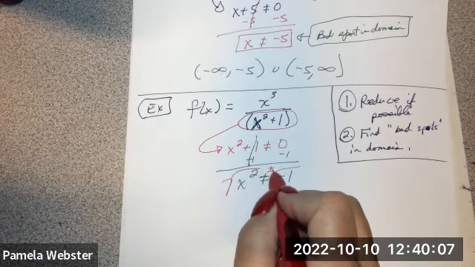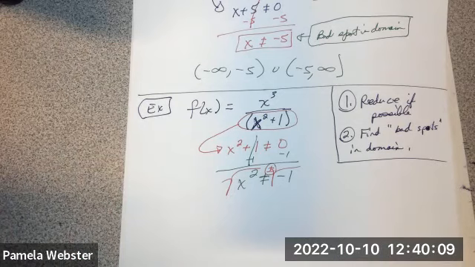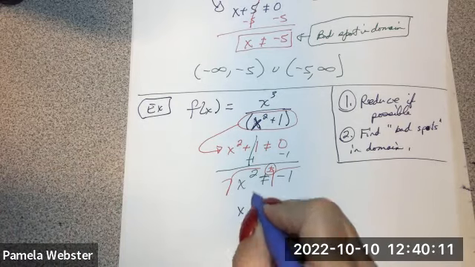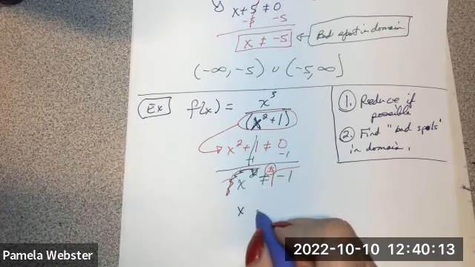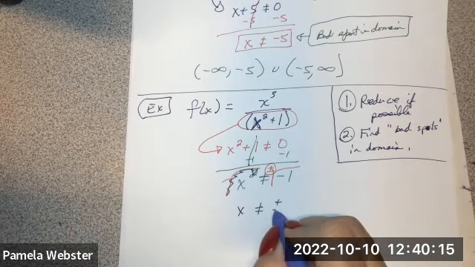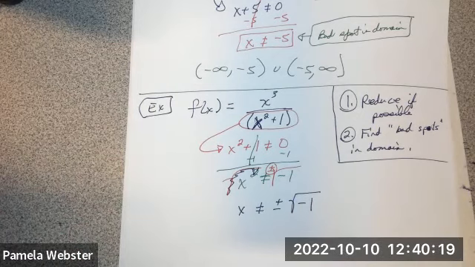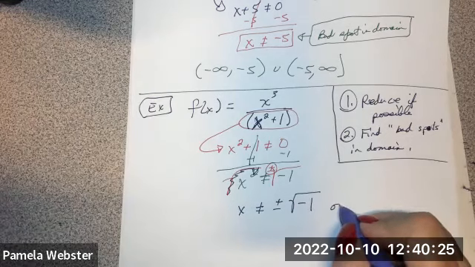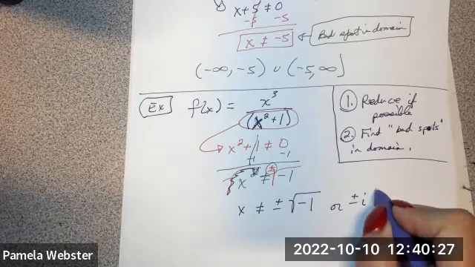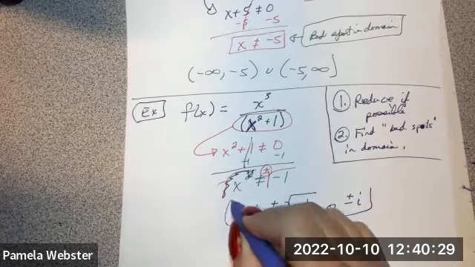And we know to put in the plus or minus, okay? But when I do this, x cannot equal plus or minus the square root of -1. Now that guy right there is an imaginary number, right? So you may know him as plus or minus i, okay?